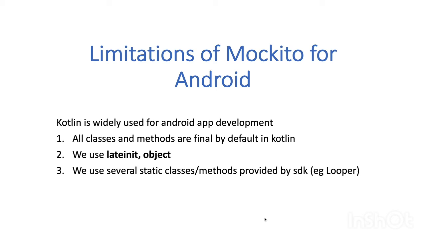Now, when we see Android development, nowadays we prefer to write code in Kotlin. In Kotlin, by default, all our classes and methods are final. That means if we use Mockito, then we need to add the inline marker.